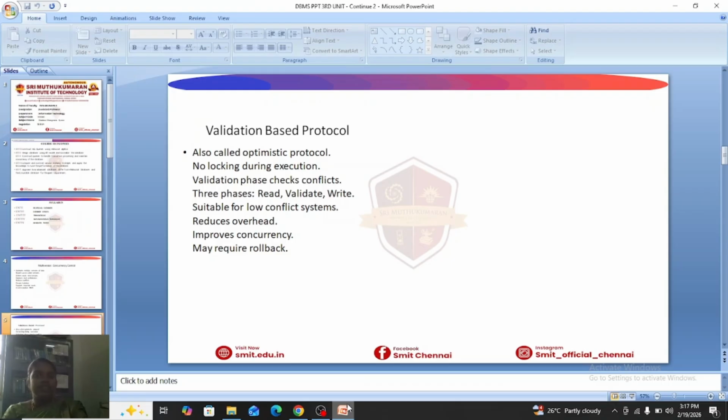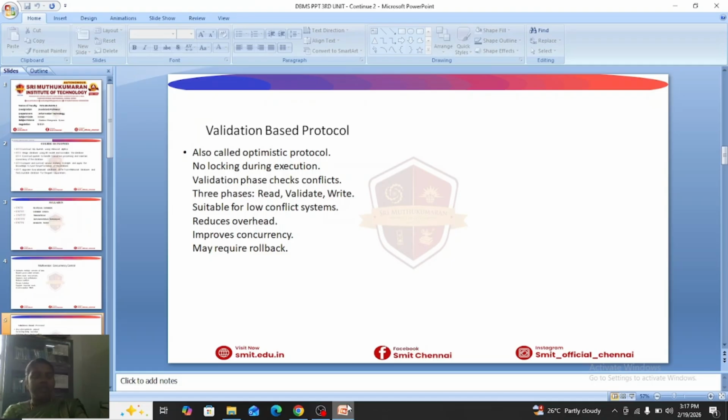Before commit, the system checks whether the transaction conflicts with other transactions. If a conflict exists, the transaction is aborted. If no conflict exists, move to the write phase. If validation succeeds, changes are written to the database permanently and the transaction commits.